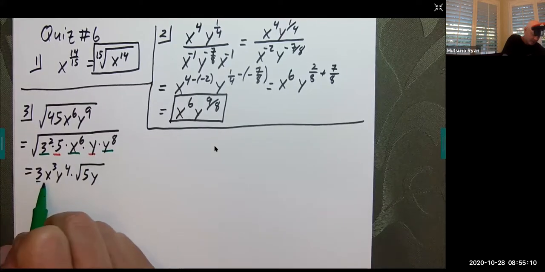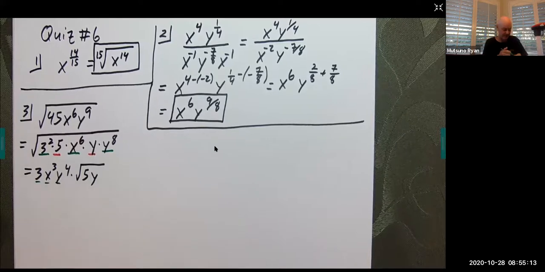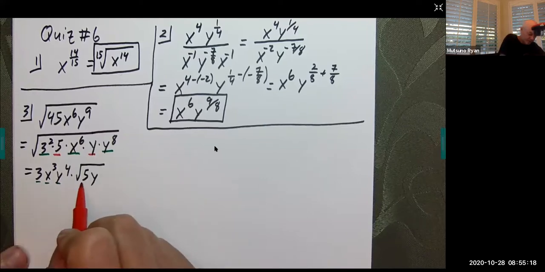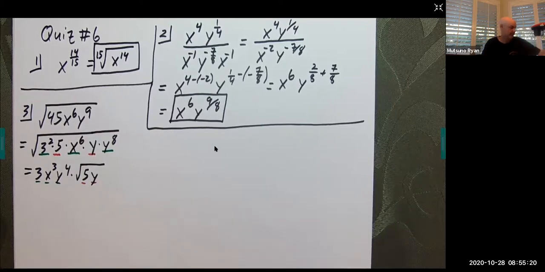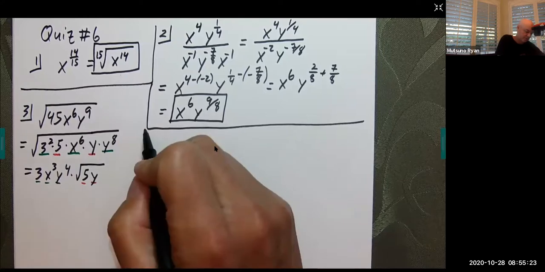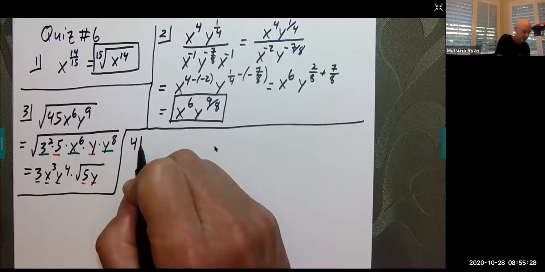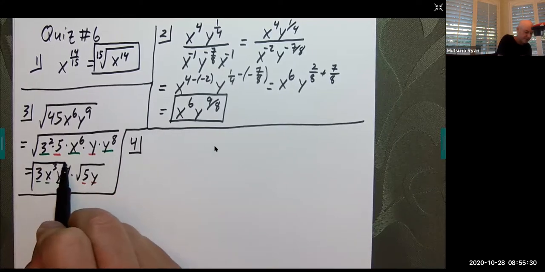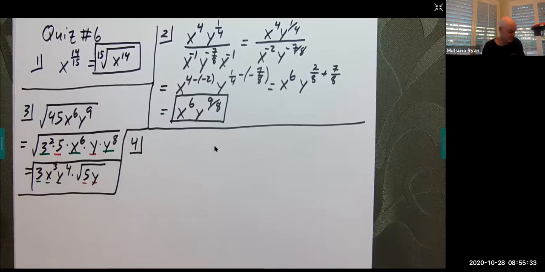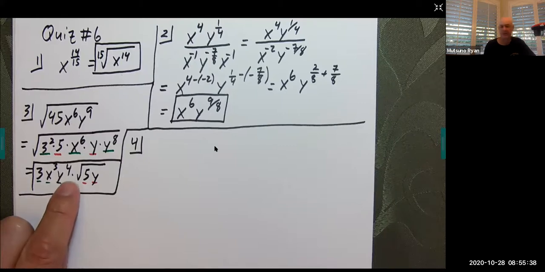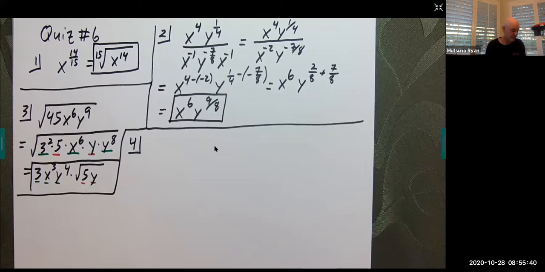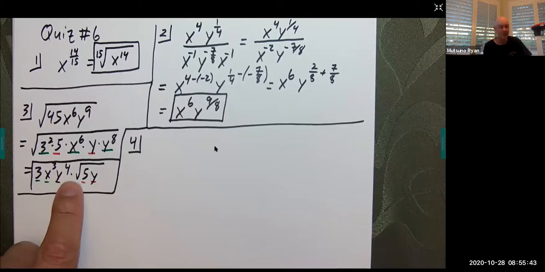And you'll notice all the exponents here of the ones that came out of the radical are exactly half of what they were. And that is my final answer there. 3x to the 3rd, y to the 4th times the square root of 5y. You don't have to put the dot when you enter it in, but I wanted to make it clear that that wasn't y, 4th root of 5y. So I like separating it out like that.